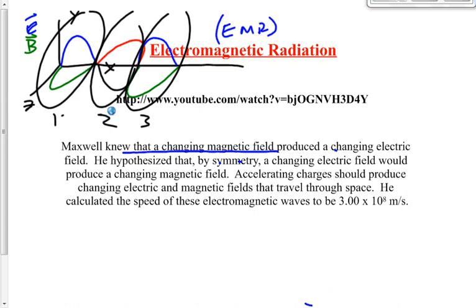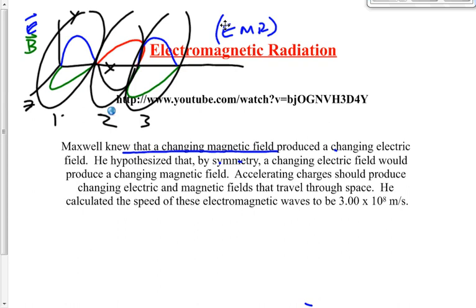Part number 1 produces part number 2. Part number 1 disappears. Part number 2 produces part number 3. Part number 2 disappears. Part number 3 produces part number 4. Part number 3 disappears. Unless the source of that EMR, whatever's causing it, is still there causing it.